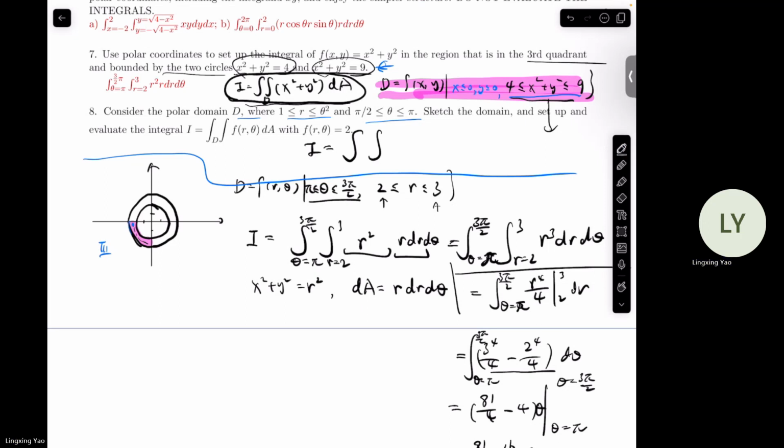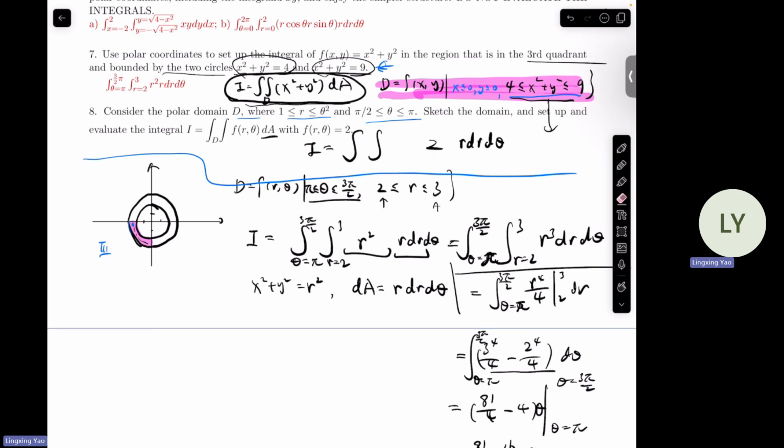So I is the integral of f(r, theta) dA. What is the dA? dA is supposed to be r times dr d theta. And here f is, well, 2 times r is what we get.